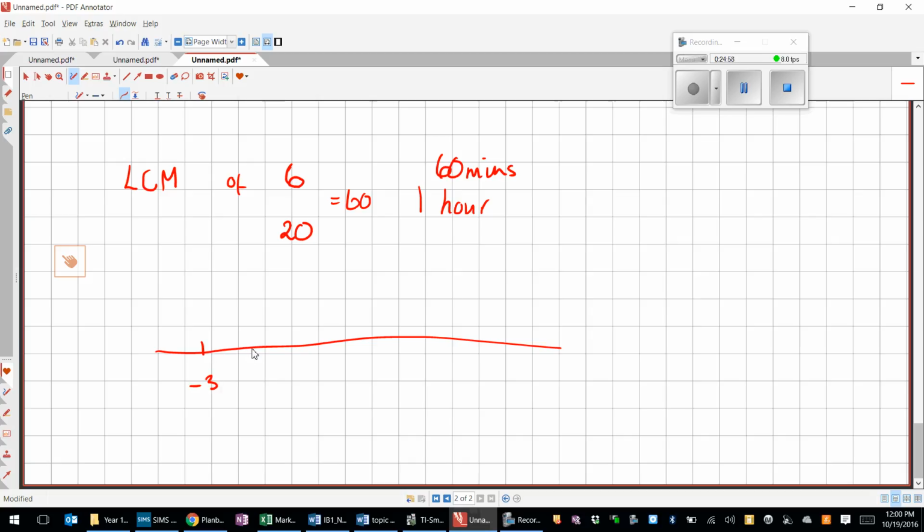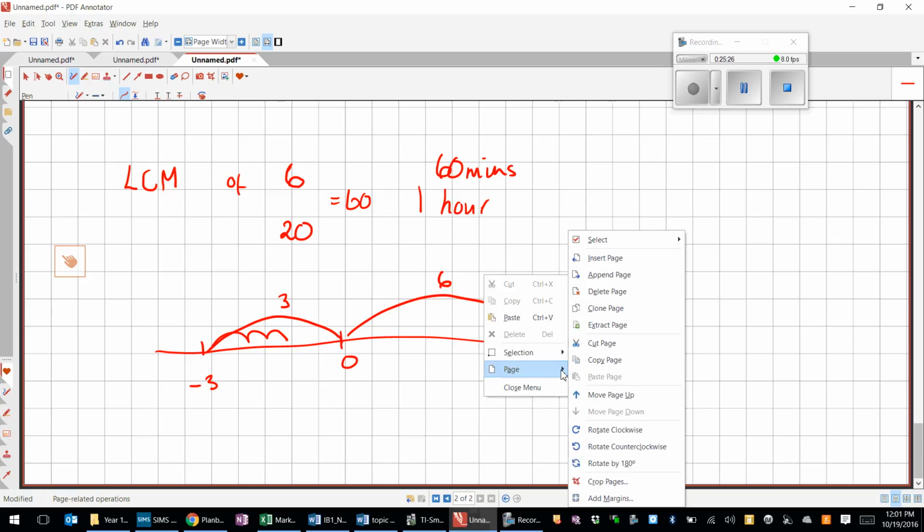Some of you did lots of little jumps. I could go one jump of 3 to get to 0, and another jump of 6 to get to 6, which is a jump of 9. However you want to do it. Okay? So I get an answer of 6, 1 mark, but you have to show the number line because it's your communication.